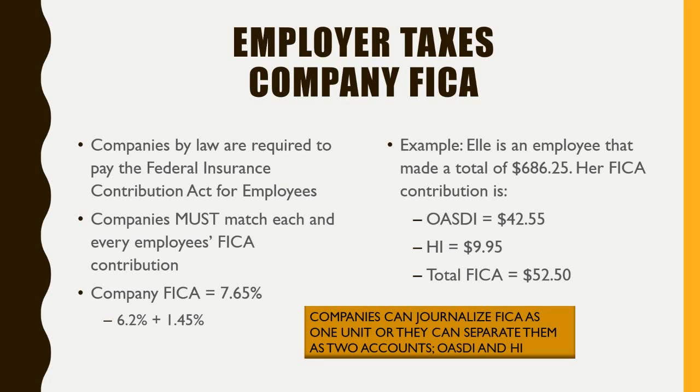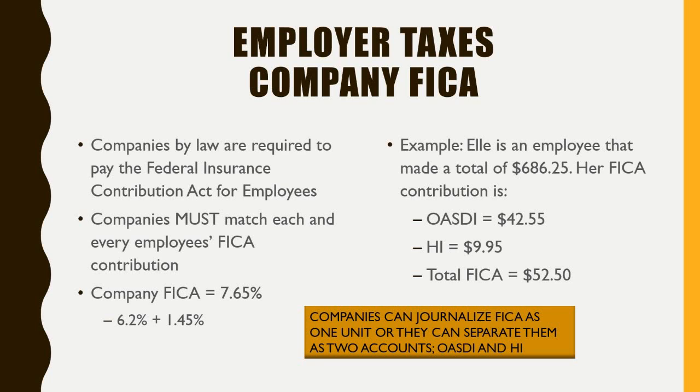If they pay into their Social Security and Medicare, we must also pay as a company into their Social Security and Medicare. And it's matched up exactly. If they put 6.2% in there, we must match them dollar per dollar into their FICA as well. FICA is the Federal Insurance Contributions Act, also known as Social Security and Medicare.